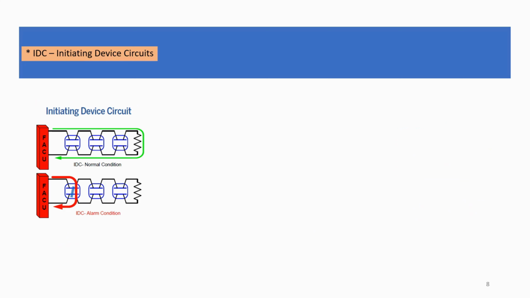Let us thoroughly go through the initiating device circuit. Basically, for example, you have a particular building of one floor. You have a detector installed, and this detector is connected to the fire alarm control panel.